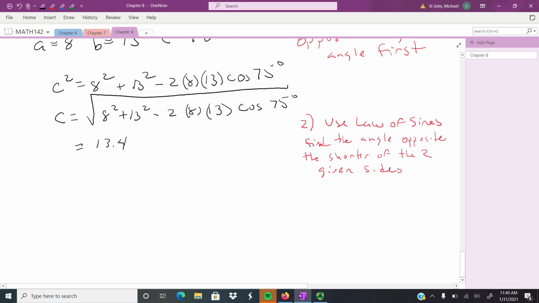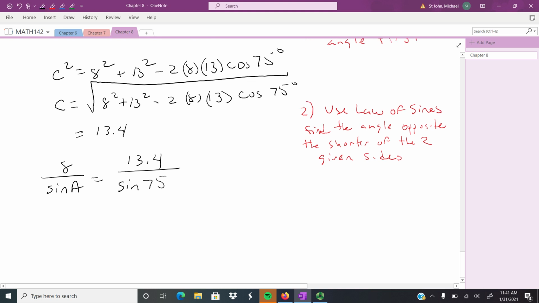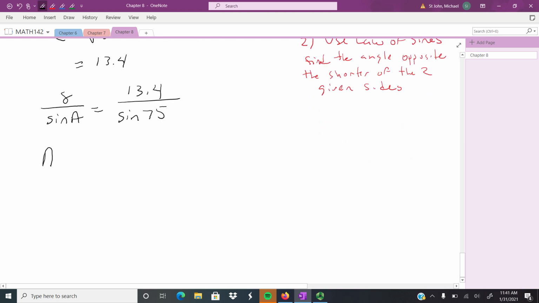That would mean I'm going to find angle A first. So 8 over the sine of A is going to be 13.4 over the sine of 75. Cross multiply, divide, take the inverse sine. A is going to be the inverse sine of 8 sine 75 over 13.4. And you plug this in, you get 35.2 degrees.